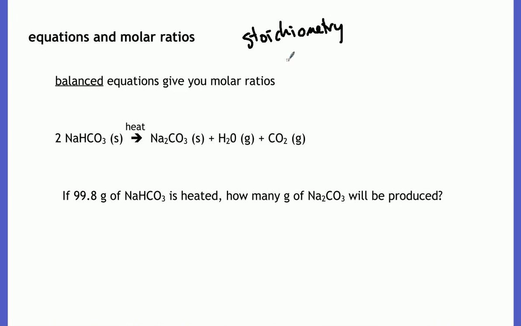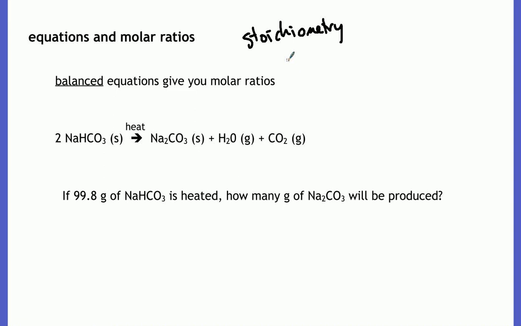But I can do these stoichiometric calculations, which essentially tell you, given an amount of a reactant, how much of a product can be formed, right? And vice versa, how much of a product you're going to make, how much of a reactant it would take to make that thing.